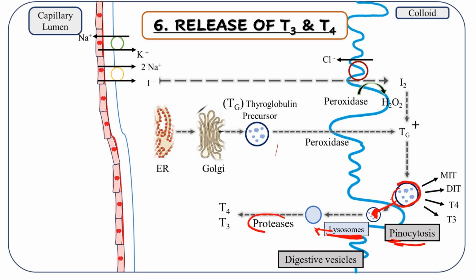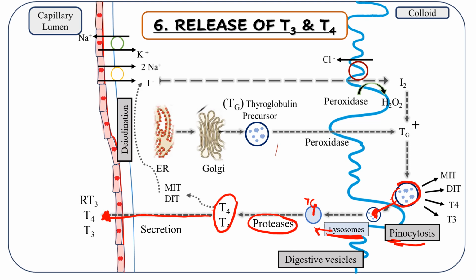These proteases release the thyroid hormone from the thyroglobulin molecule, and this free T3 and T4 are now secreted into the blood. Okay, when this is happening, a small amount of T3 and T4 are again converted to MIT and DIT, they undergo deiodination and form the iodide molecule. And the entire process of iodide into iodine and formation of thyroid hormone again begins.